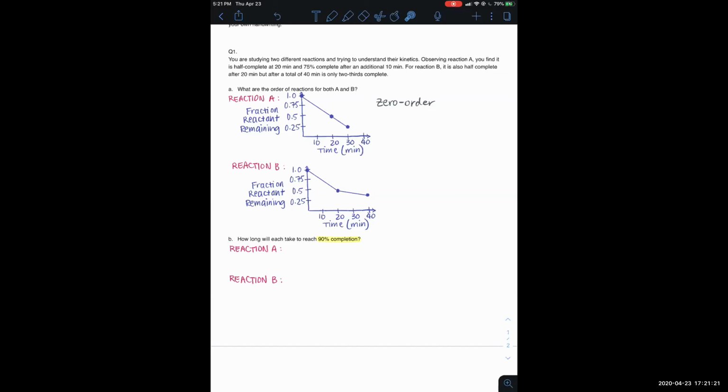And so over time, the reaction seems to slow down. So from this graph, we can see that the rate of reaction B does depend on the concentration of reactant present at a given time. And so we can eliminate the possibility of it being a zero-order reaction. So now we can check whether it's a first-order or second-order reaction.